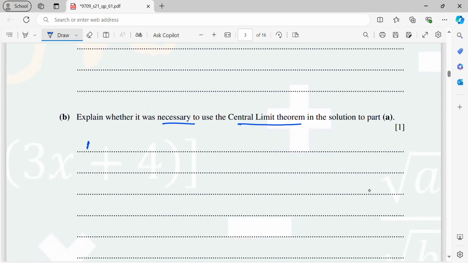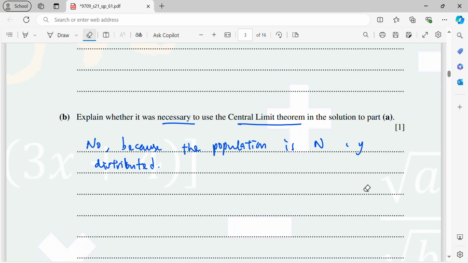So no, because the population is normally distributed. Okay, so this is the reason.